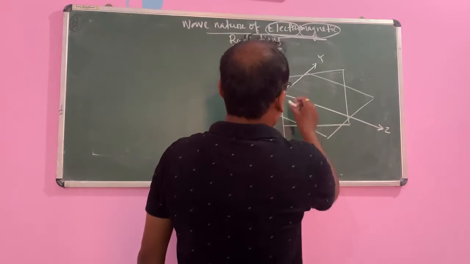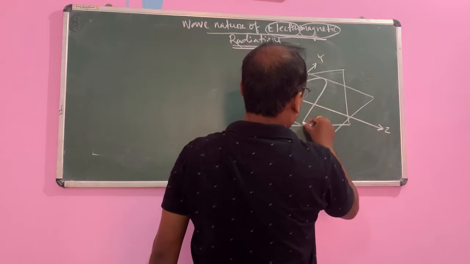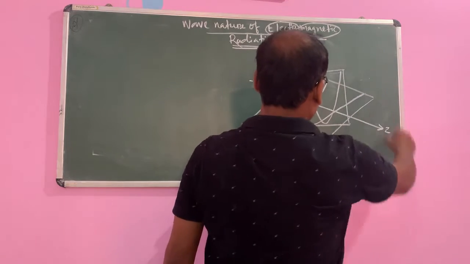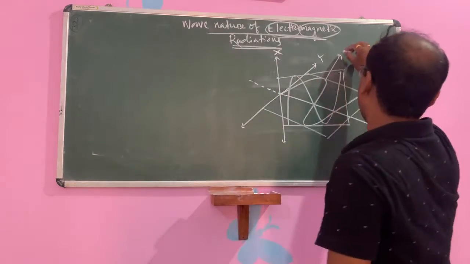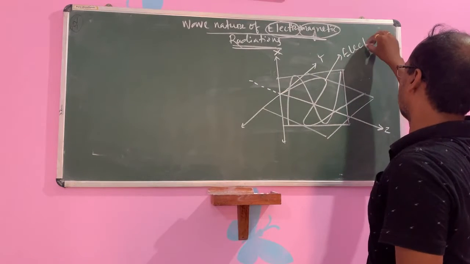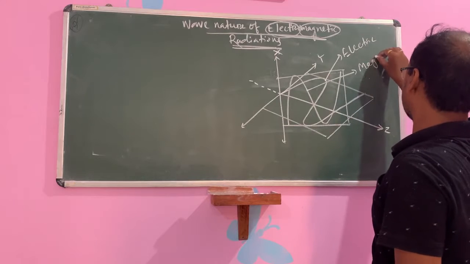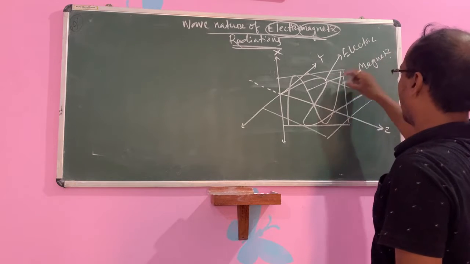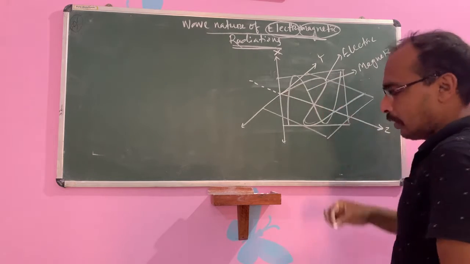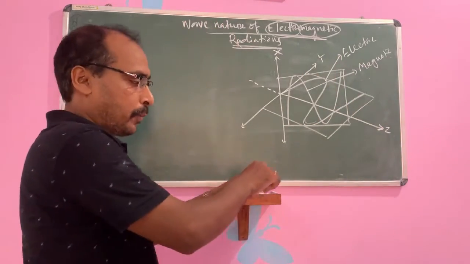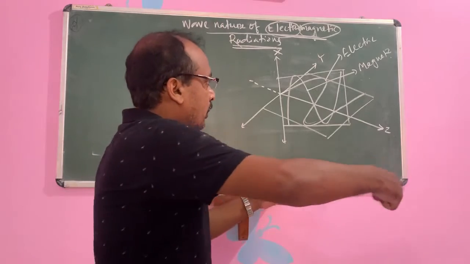So suppose this is your wave of electric field and this one is your magnetic field. Suppose this is your wave propagation. This one is your electric field.